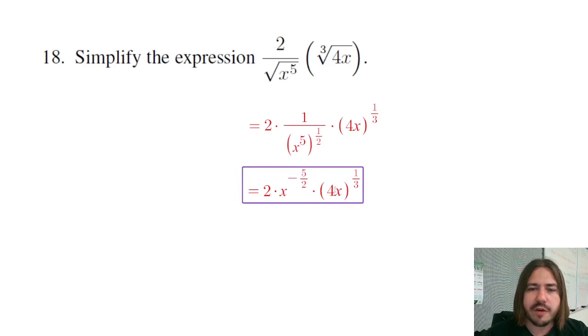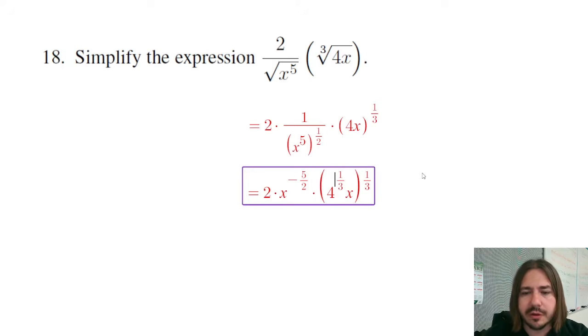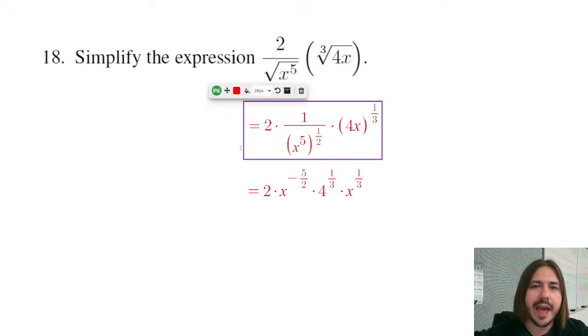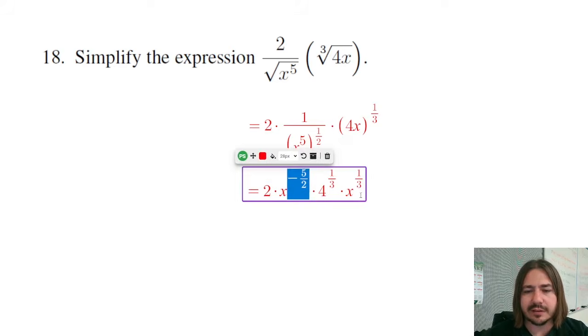Then whenever you have a product that's being raised to an exponent, you can apply this exponent to each factor individually. So we've got 4 to the 1/3 and x to the 1/3, and we're going to multiply all of these. Now the exponent rule for multiplying when you have the same base is you add the exponents. You'll notice that we have the same base with these x's, but not the same base with the 4 and the 2.